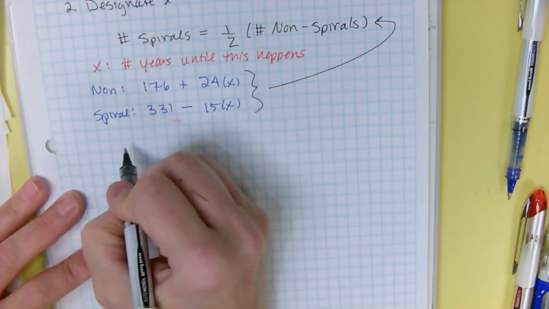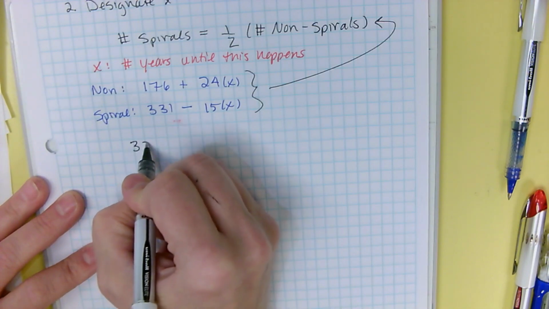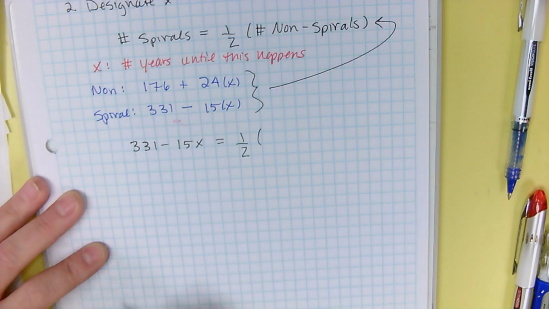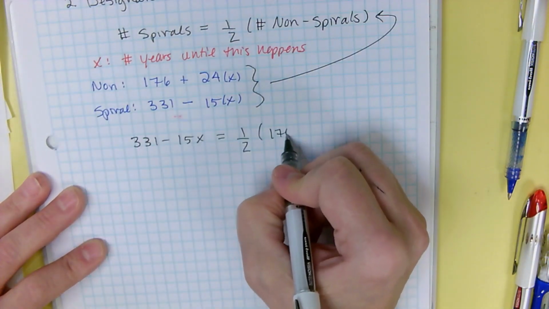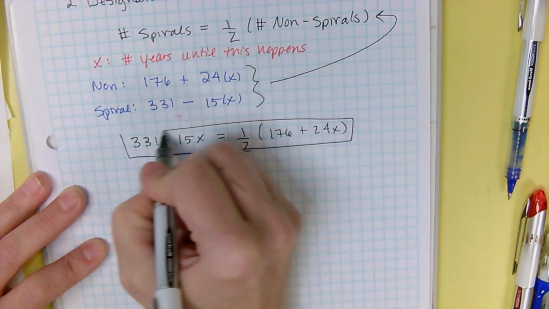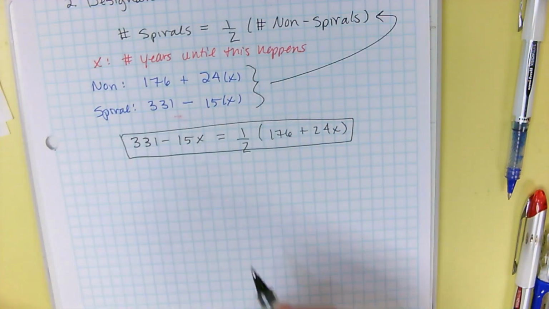So here we go. Spirals, 331 minus 15X equals 1/2, and then our non-spiral is 176 plus 24X. And you have your equation.